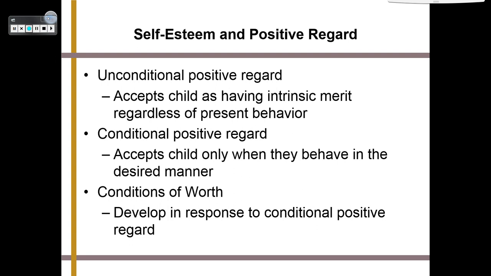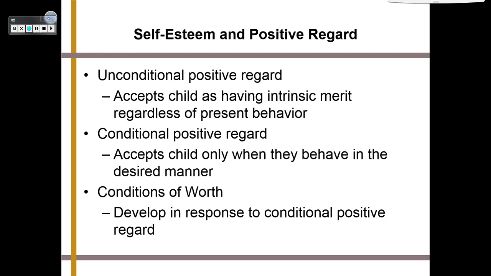The problem is that when we create these conditions of worth thanks to having conditional positive regard, the child can develop an idea that they are only a person of value if they meet that condition.